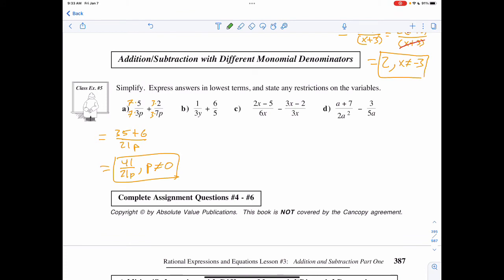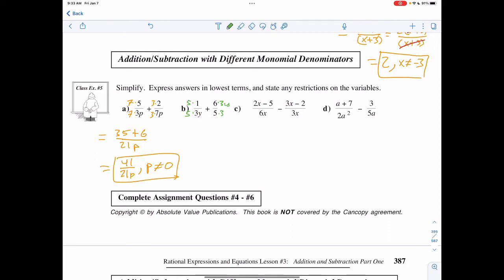For the second example, I look at the denominators, and I have 3 and 5, means it's going to be 15, so I got to multiply the first one by 5, and the second one by 3. But I also see that this one has a y, and the second one doesn't have a y, which means that the second one is missing the variable of y.